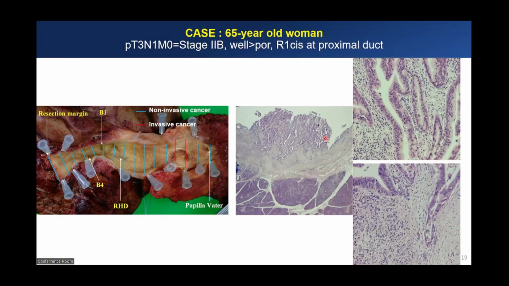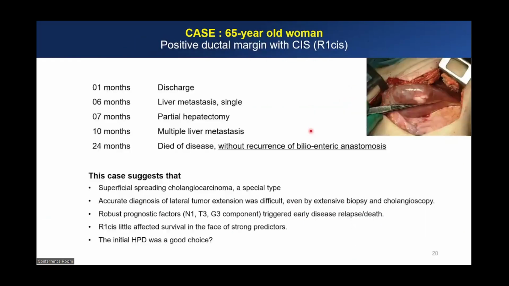This is the histology of the tumor here, and caution should be paid. This tumor infiltrates here very poorly differentiated. This poor differentiation is a very strong prognostic factor. This is the well differentiated adenocarcinoma from here.